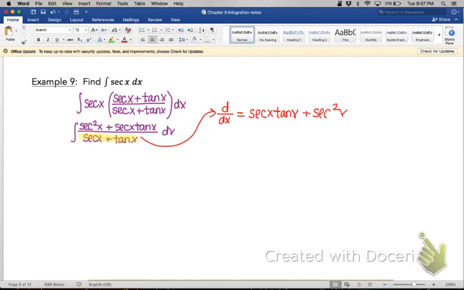And do you notice that if I just reverse that, that is what we have for our numerator. So that's pretty handy, because all that tells us then is that this is going to come out to the natural log of the absolute value of secant x plus tangent x plus c.